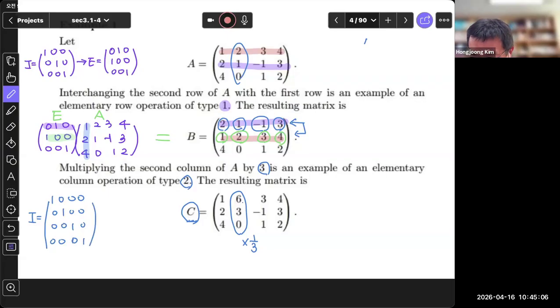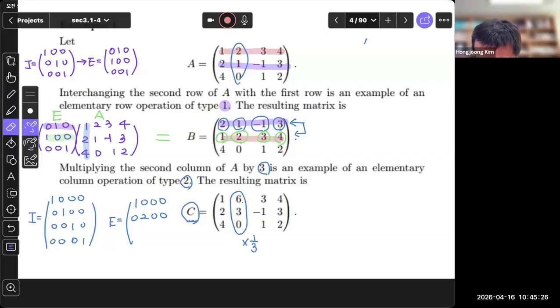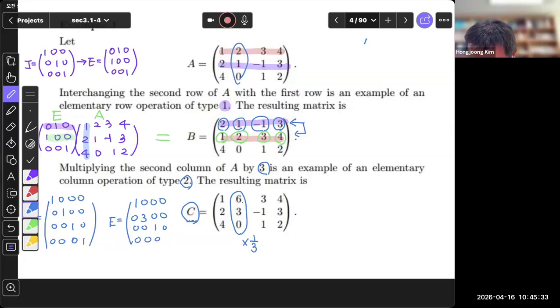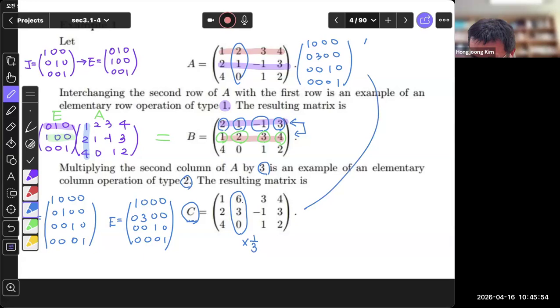And if I multiply the second column by 3, the corresponding matrix will be 1 0 0 0, 0 3 0 0, 0 0 1 0, 0 0 0 1. Okay, so 3 is multiplied. Now if I post multiply E to A, when you multiply these two, you get the C matrix.